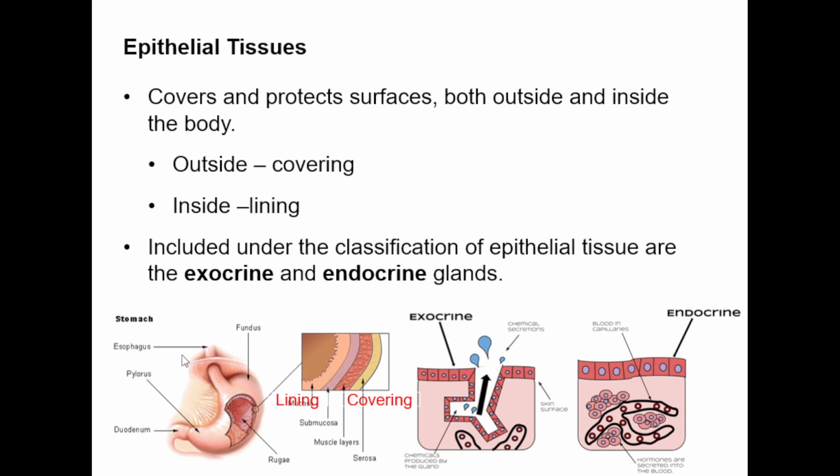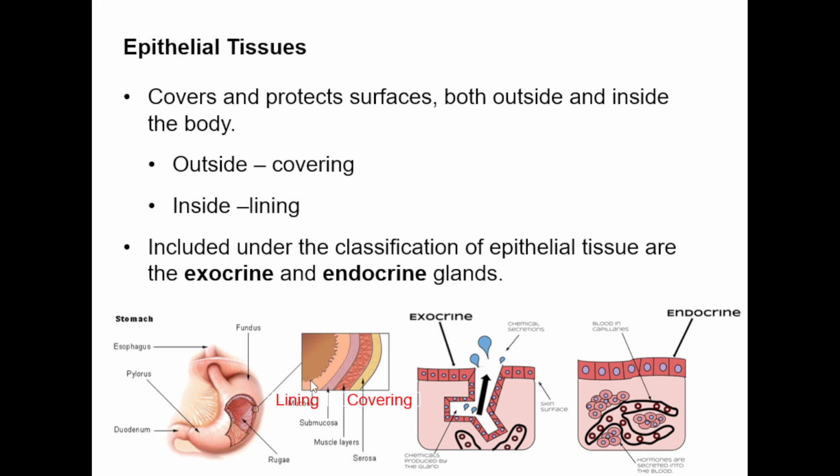So here, we have a picture of the stomach. So this is the stomach, and then we magnified the wall of the stomach. So this is the wall, no? So as you can see, there are several layers composing the wall of the stomach. And the outermost surface or layer of the stomach is composed of a covering epithelium.